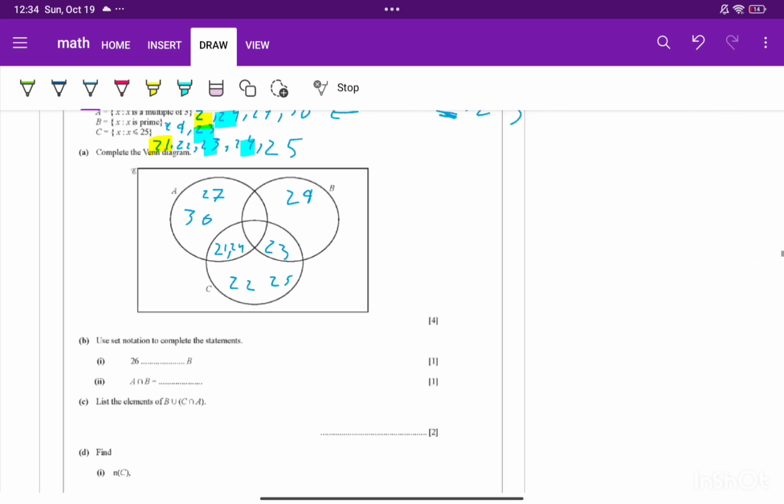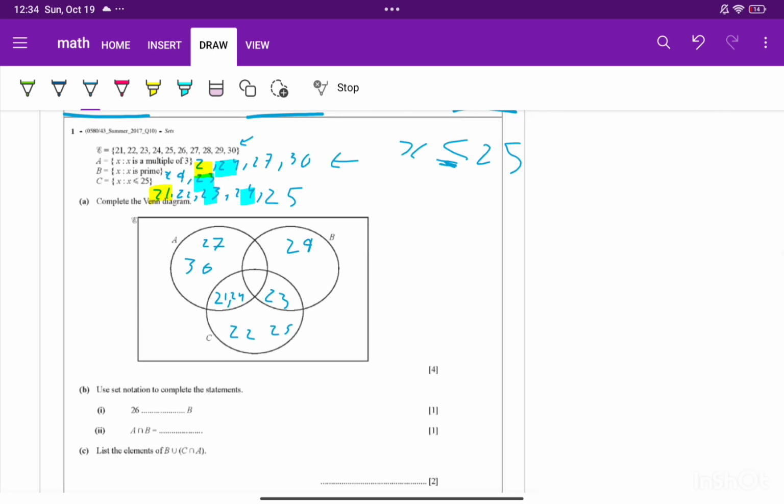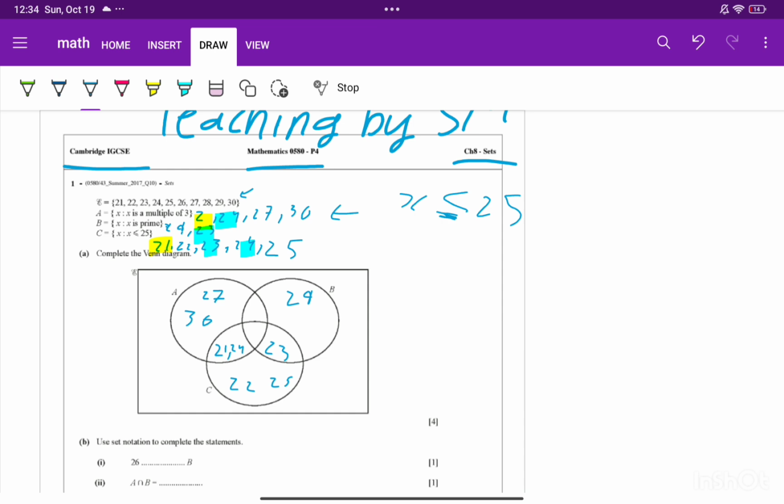Okay, use that notation to complete the statement. Oh sorry, we forgot some numbers. So the numbers which are not coming in any of these three sets, what will they be?